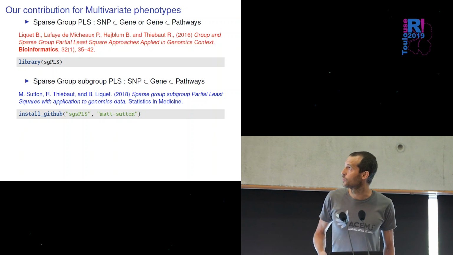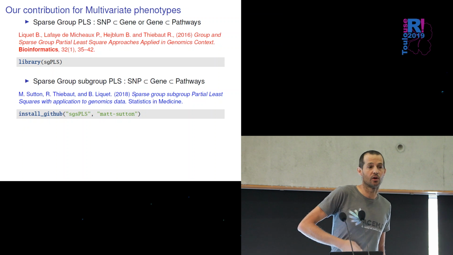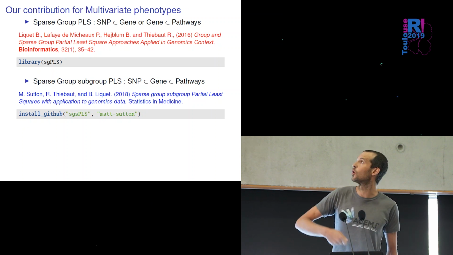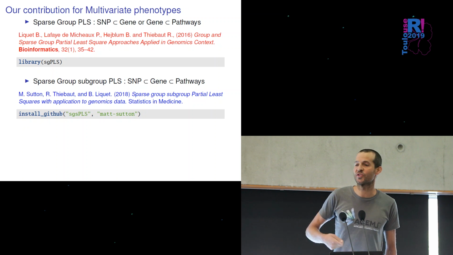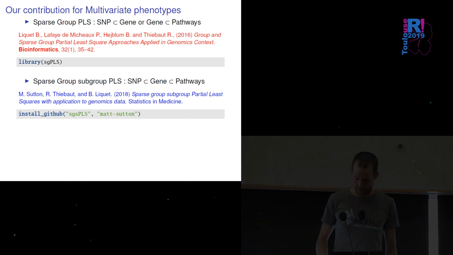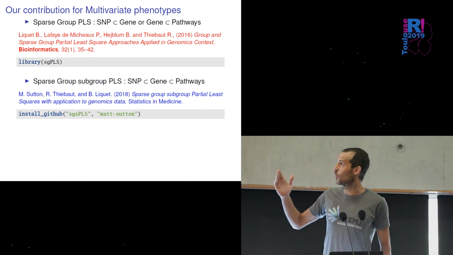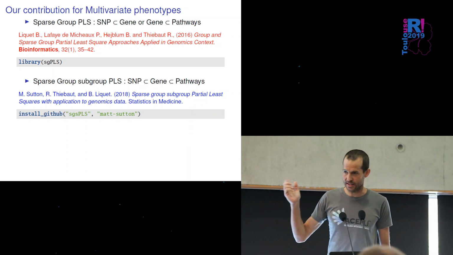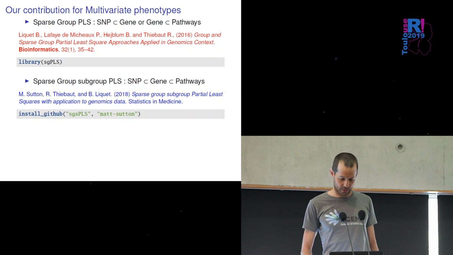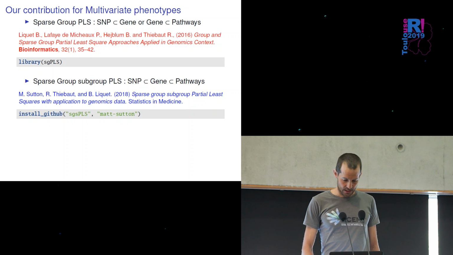For example, the SNPs belong to the genes, and the genes belong to the pathways. So we have developed the sparse group subgroup PLS, now called SGS-PLS, and the package is available on Matthew's GitHub.